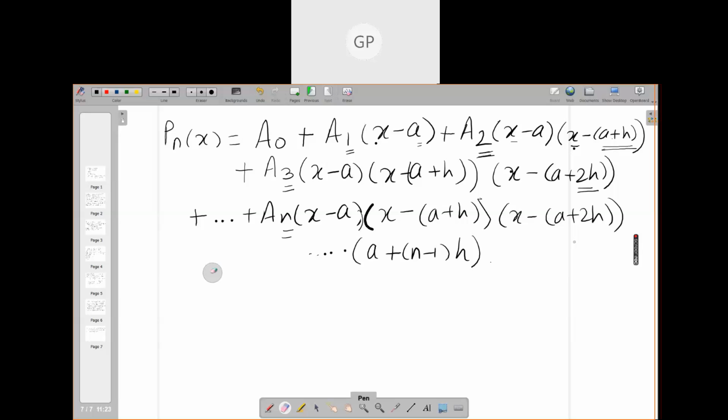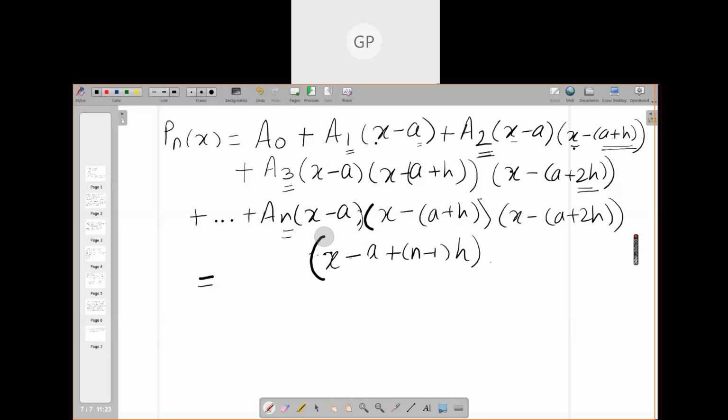नो मैम, मैं वो नहीं बोल रही हूँ, मैंने X minus A plus H ऐसे लिखा है ना, तो फिर X minus A plus N minus 1H आएगा ना? हाँ हाँ, यहाँ पे मैंने गलत लिखा है.